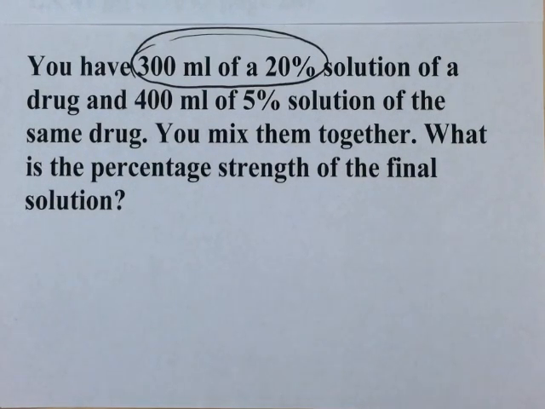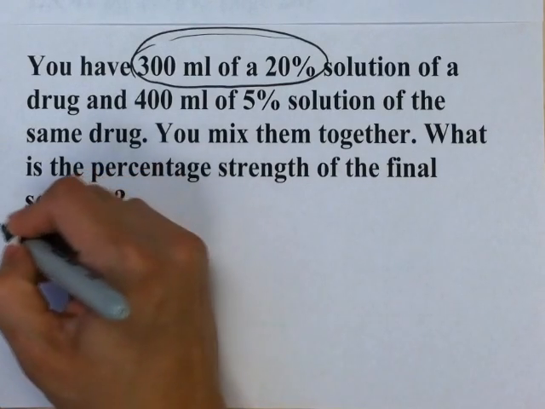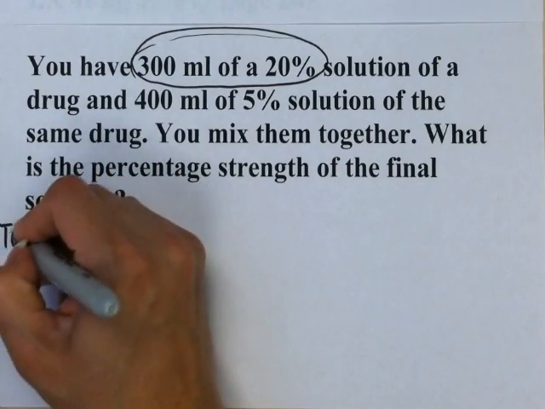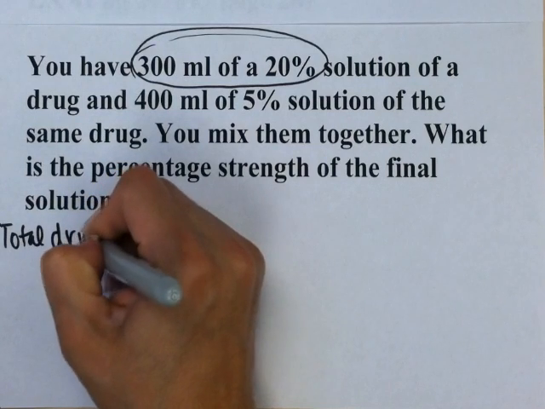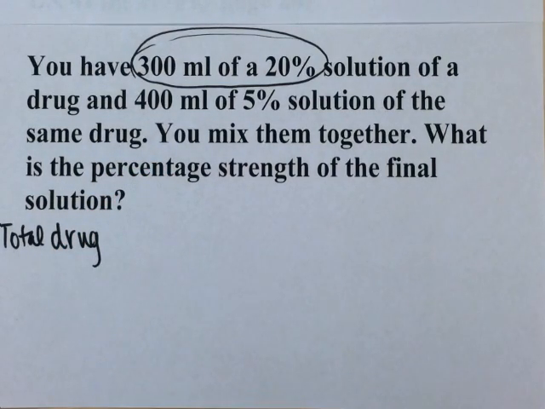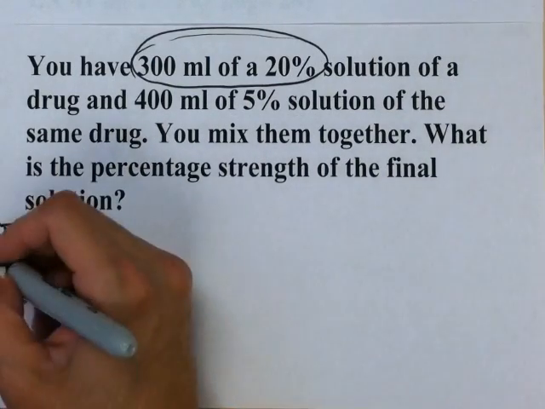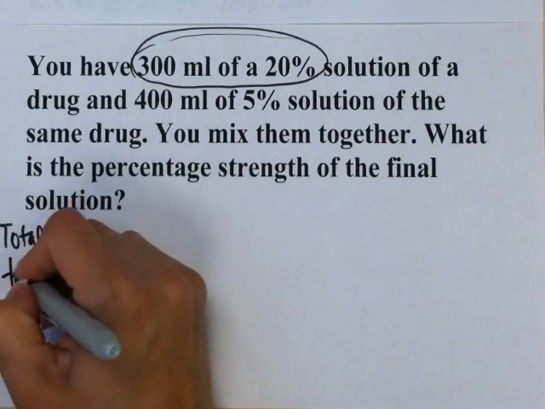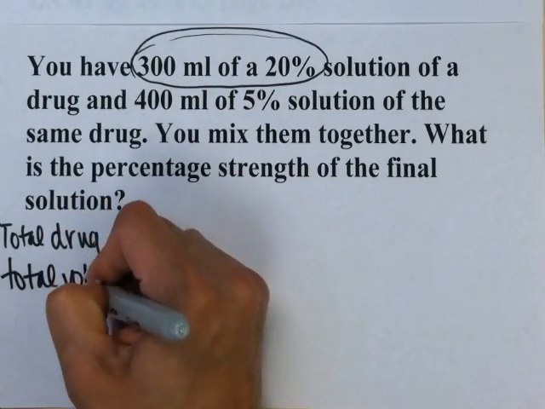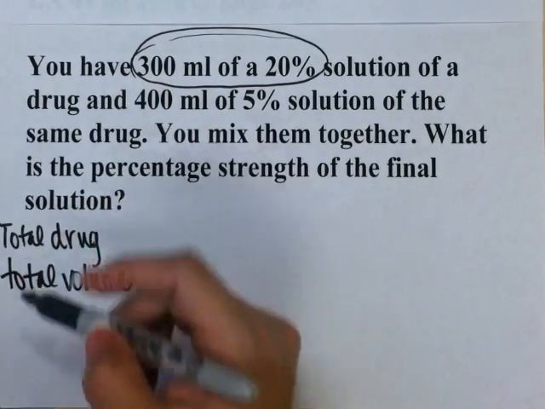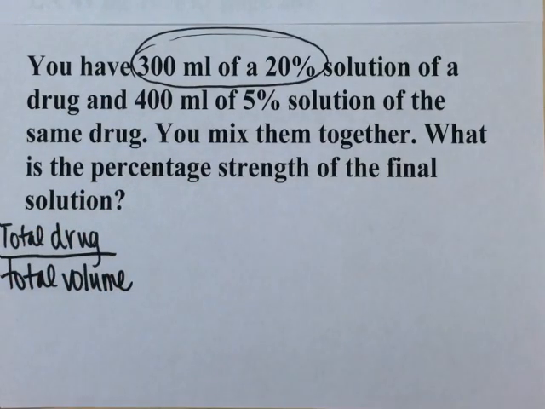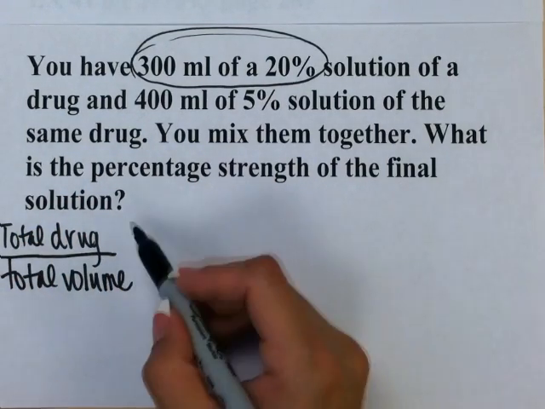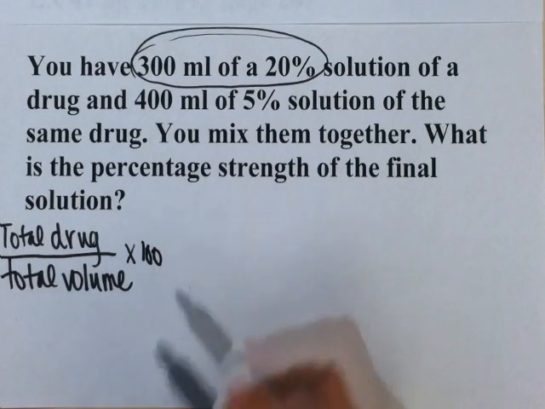This is helpful because the first step that we must calculate is what is our total drug. We have to know the total drug present. Once we have found the total drug, then we can look at the total volume, because we'll end up dividing those two, the total drug by the total volume, and then multiplying by 100.